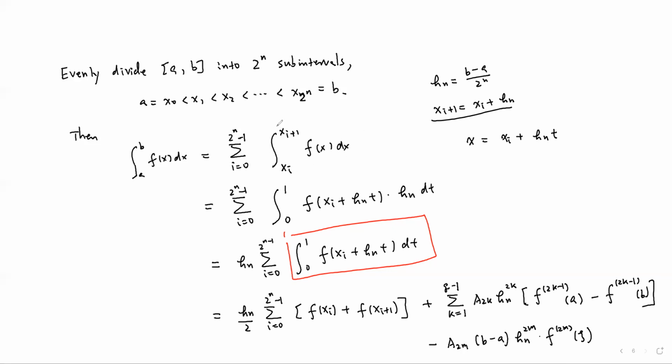Corresponding to each interval, each integral here, there is a psi_i. But then we take the average of the derivative at psi_i, and then we can pick a psi. This psi is between a and b.